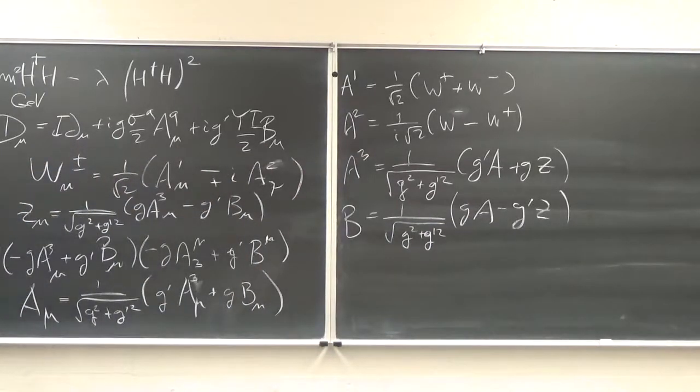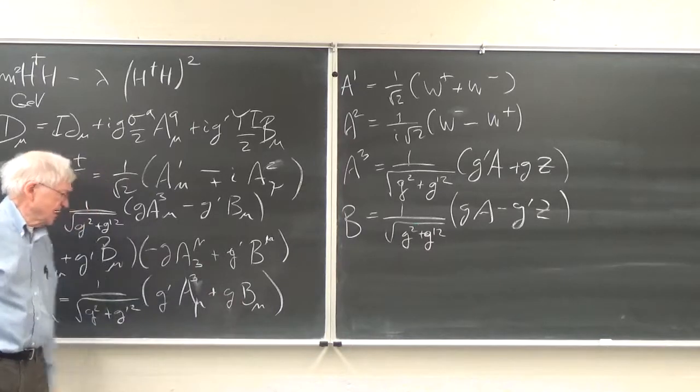One of the things that I find particularly interesting about this is that the photon that we see every day, because it's how we see anything, is not a simple elementary particle in the traditional sense. Instead, it's a linear combination of gauge fields.